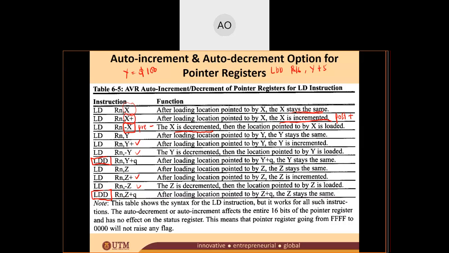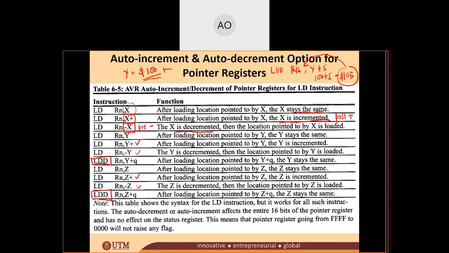So what happens after you execute this instruction is you go to address 100 plus 5, which is address 105, take the value and put it into your R16. After you put the value into R16, your Y remains pointed at address 100.